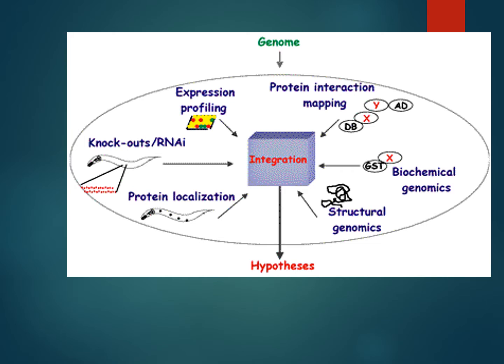So the informatics side is not just to gather data, it has to be useful data, it has to be integrated data. So this is showing some of the different parts of that integration. Some will be found in molecular biology.